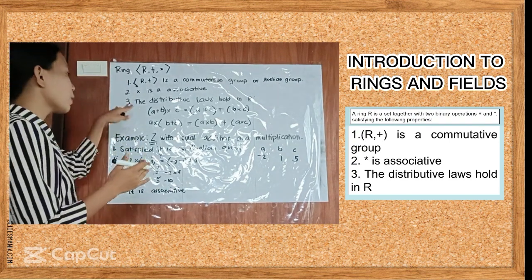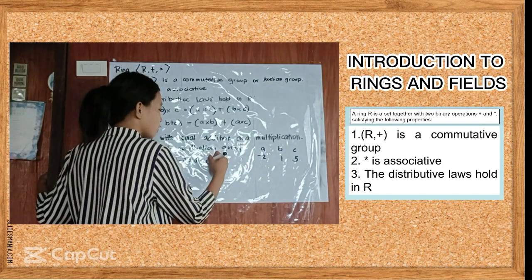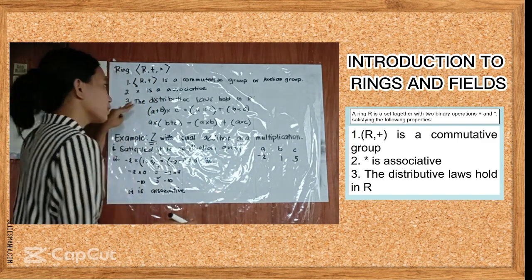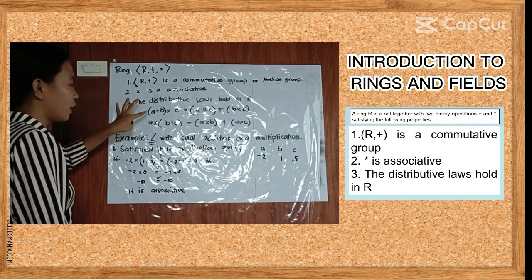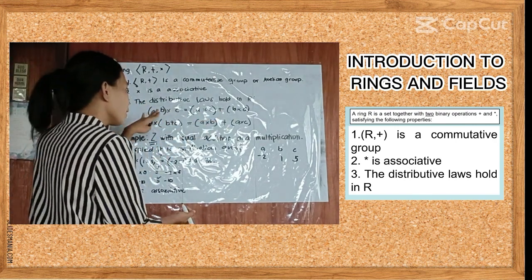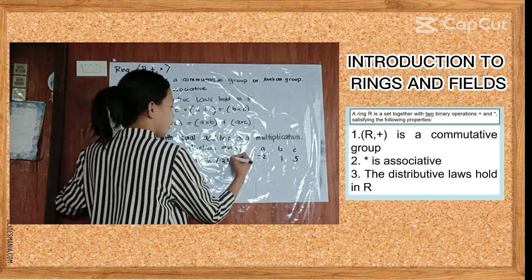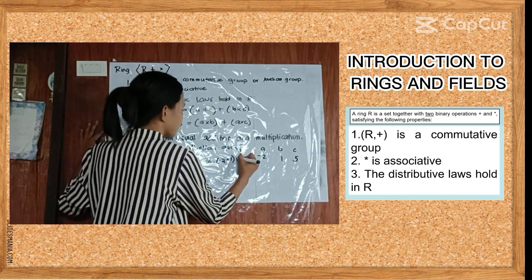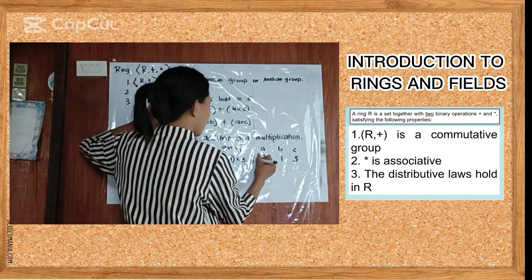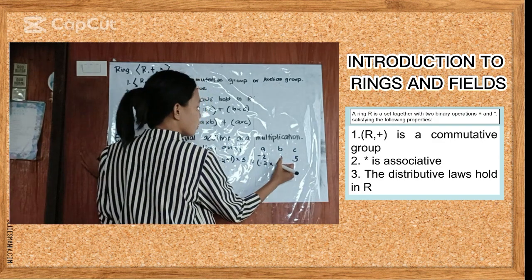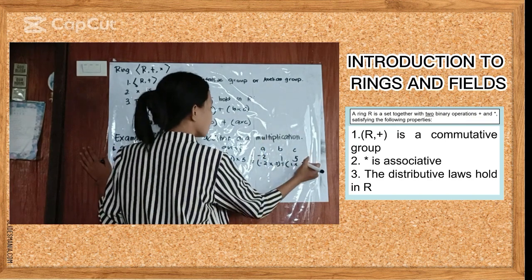For our last property to say that Z is a ring, we need to satisfy the distributive laws hold in R. So let's just substitute the formula here. (A plus B) times C, so we have (-2 plus 1) times 5. Is it equal to A times C plus B times C, which is -2 times 5 plus 1 times 5?